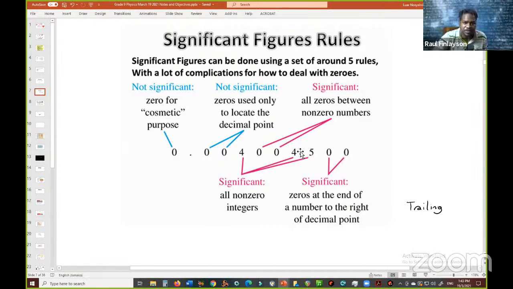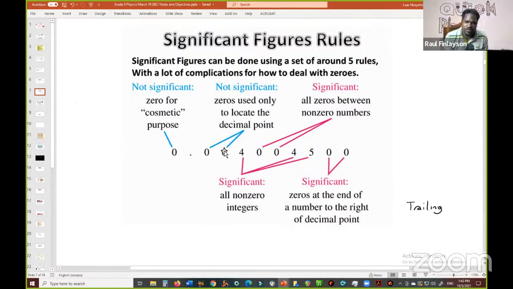As you can see on the screen here, zero can be used for cosmetic purposes in front of a number. And in that case, it's not significant. And also, zeros are used to locate the decimal point.